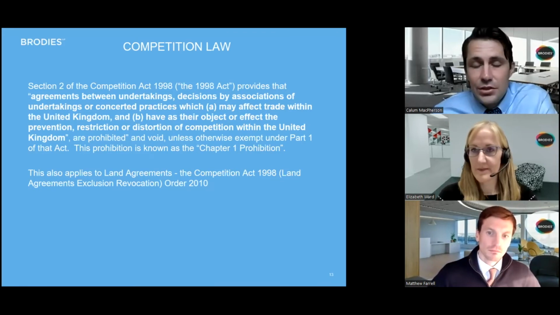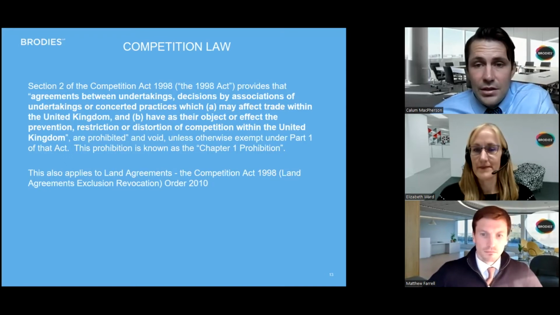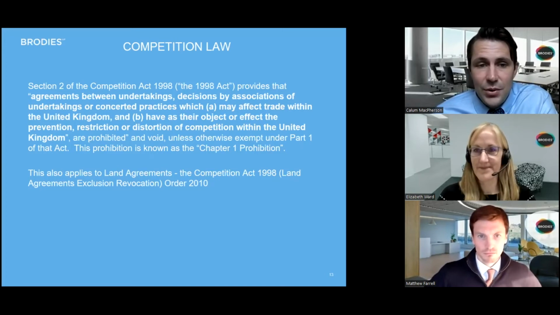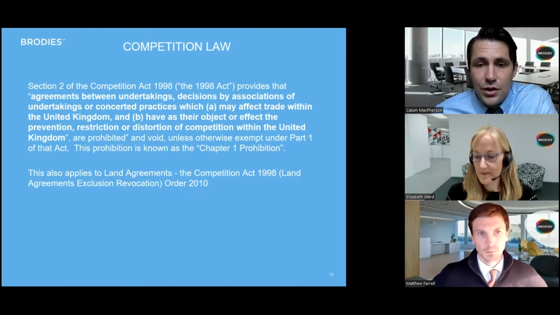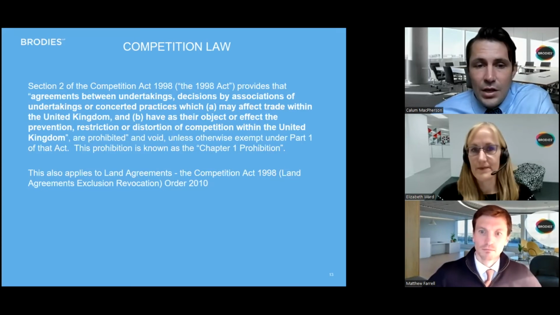However, that has changed since the coming into force of the Competition Act 1998 (Land Agreements Exclusion Revocation) Order 2010. The impact of the repeal of that order was to enable land agreements to fall within the ambit of the Chapter 1 prohibition.